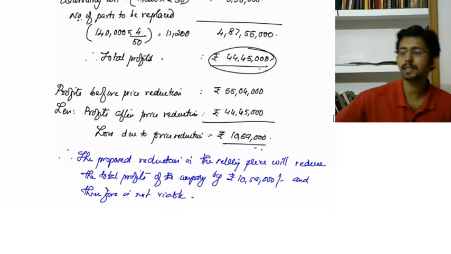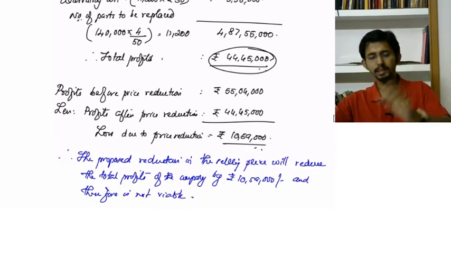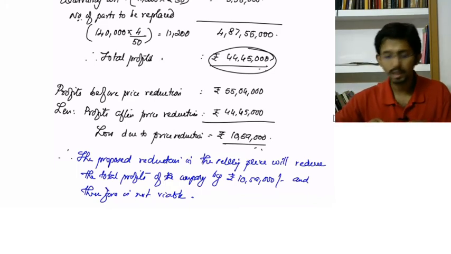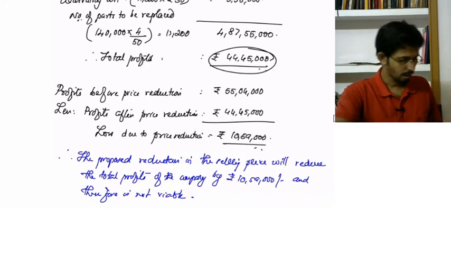Okay, so that is the conclusion which we can give. Since the proposal is reducing your overall profits by 10,59,000, the said proposal is not viable.